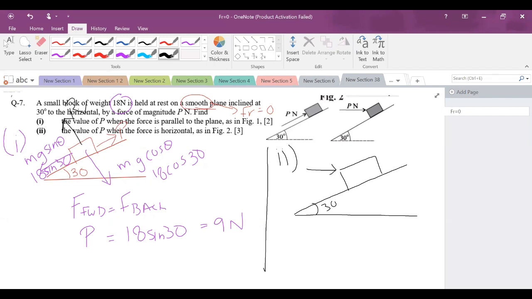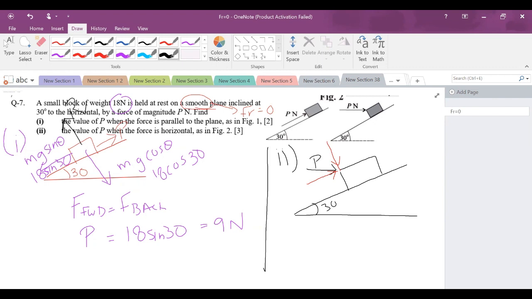So you need two components of P. One is going to be parallel to the slope, and the other one is going to be parallel to the normal contact force R.